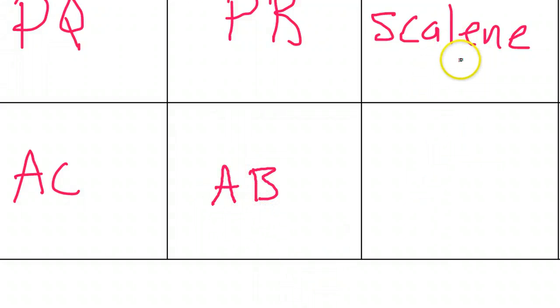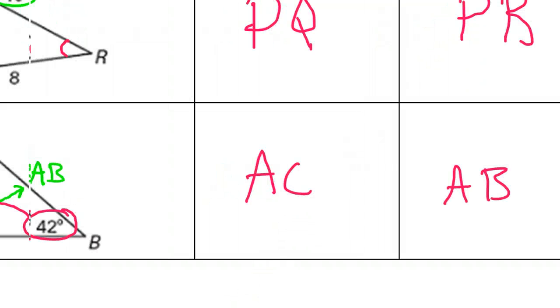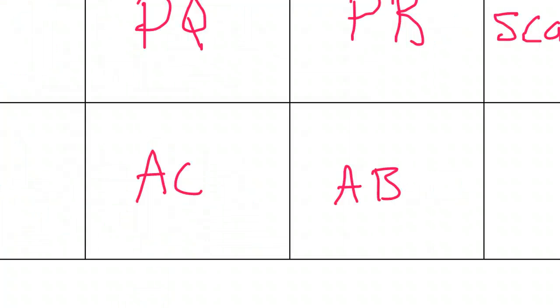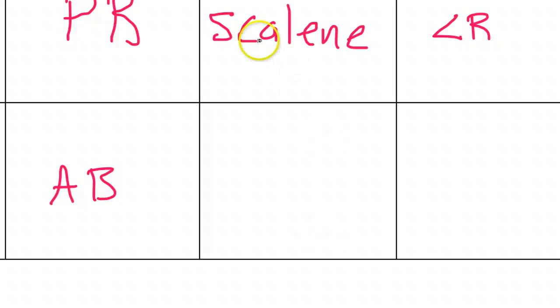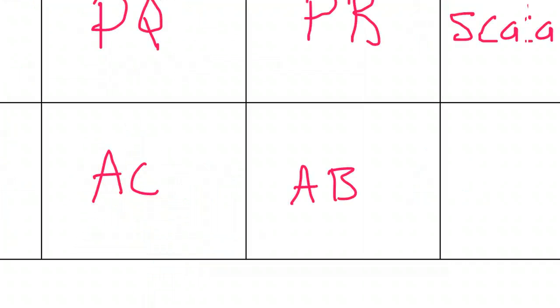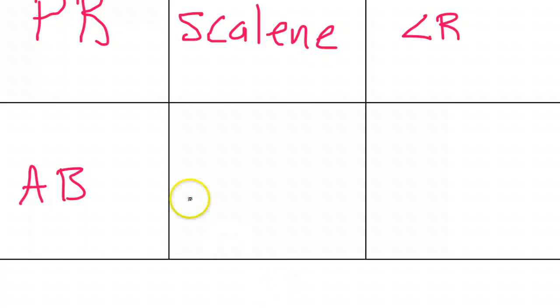Now we're supposed to classify by the sides first here. None of these sides are the same. Since none of the angles are the same, none of the sides are the same. So this is also scalene.